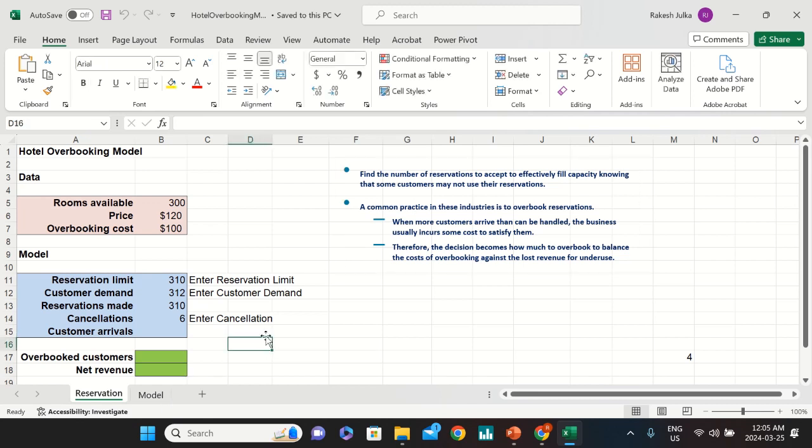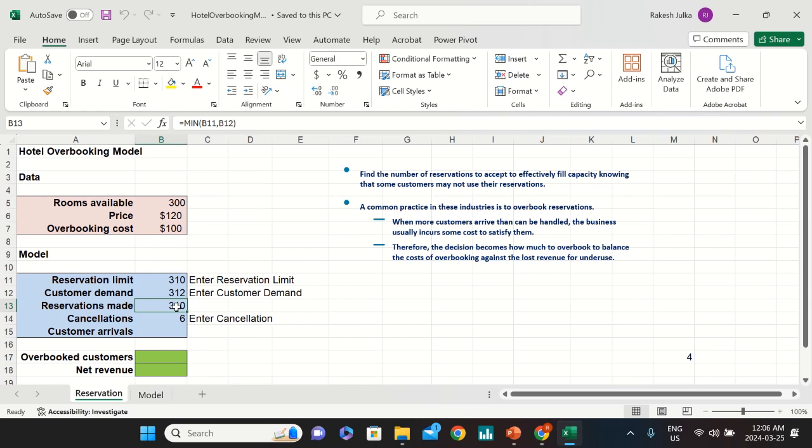Now, first of all, we want to calculate how many customers arrived. We know that there were 300 rooms, and the reservation limit is 310. That is the maximum limit, meaning more than this we cannot book. This is how many reservations are made.